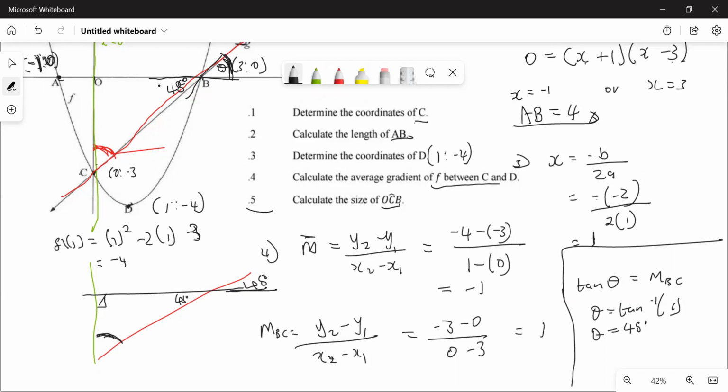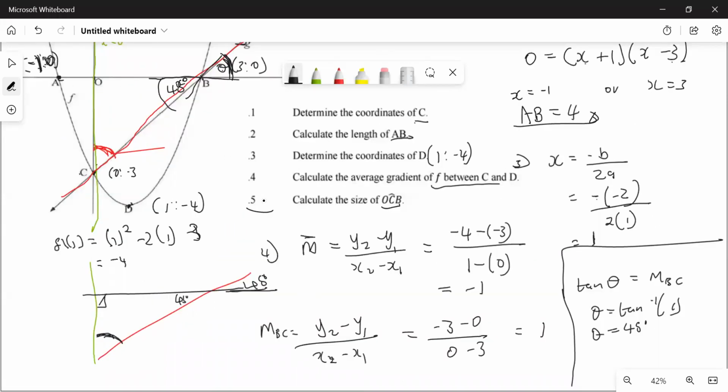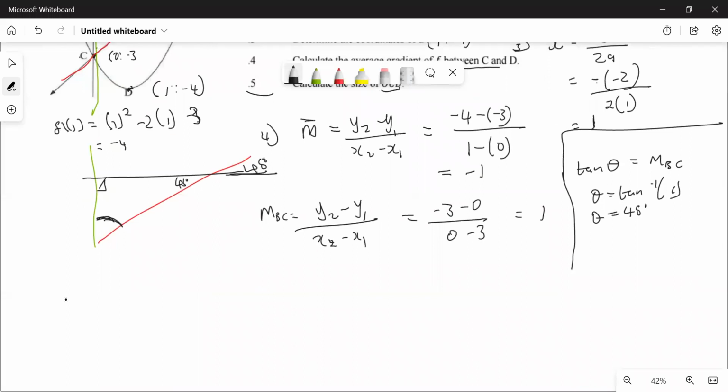If they ask us why we are saying this one here is 45, we'll tell them it's because they are vertically opposite. That angle there, we'll call it angle OBC. So we'll say angle OBC is equal to theta, which is 45, because they are vertically opposite angles.